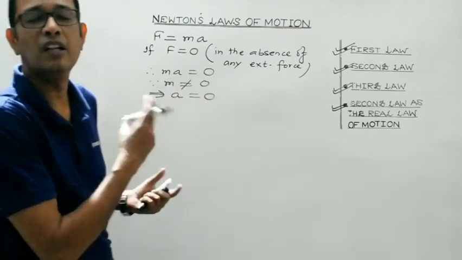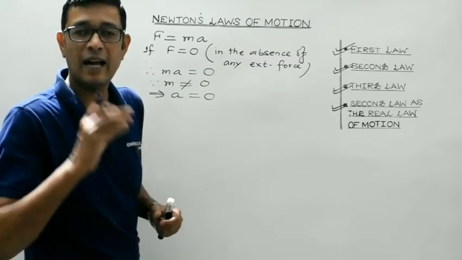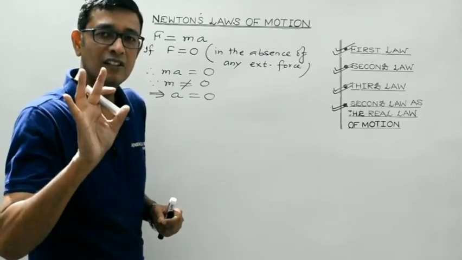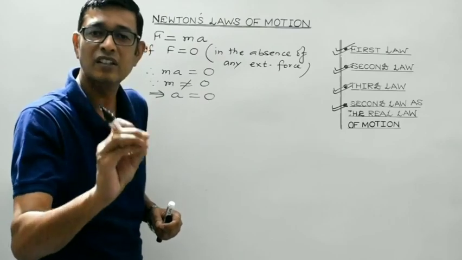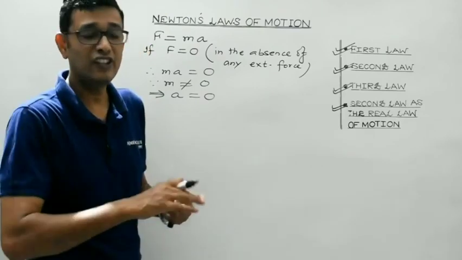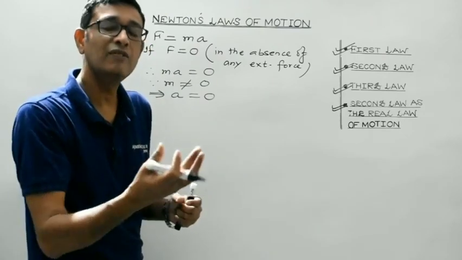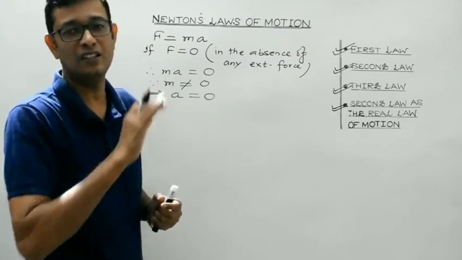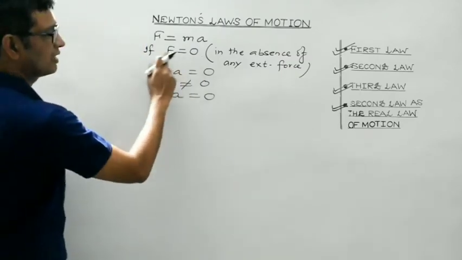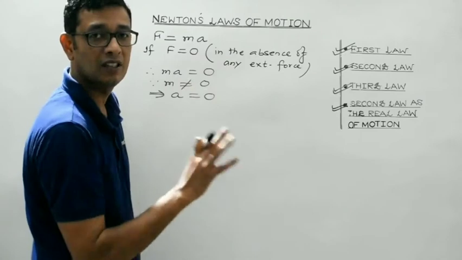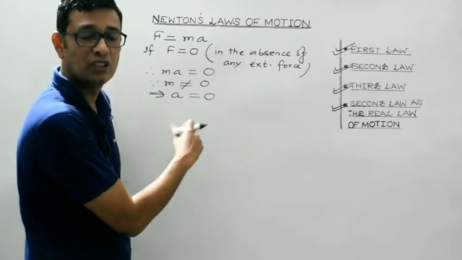This is a fundamental fact, students. In the absence of any force, the acceleration is 0. Acceleration will be only produced under the influence of some external unbalanced force. So in this case, if the external force is absent, acceleration produced in the body would be 0.